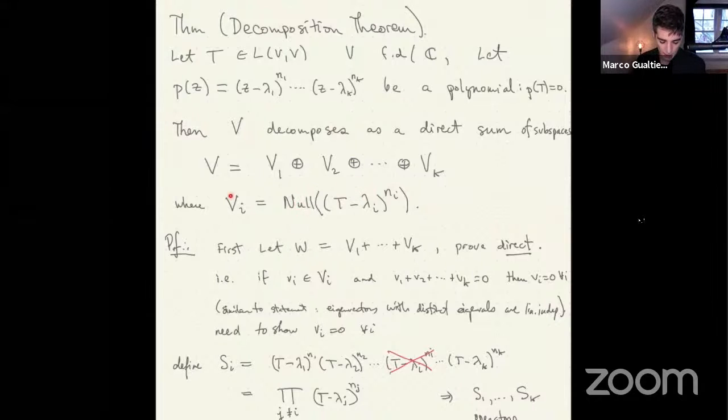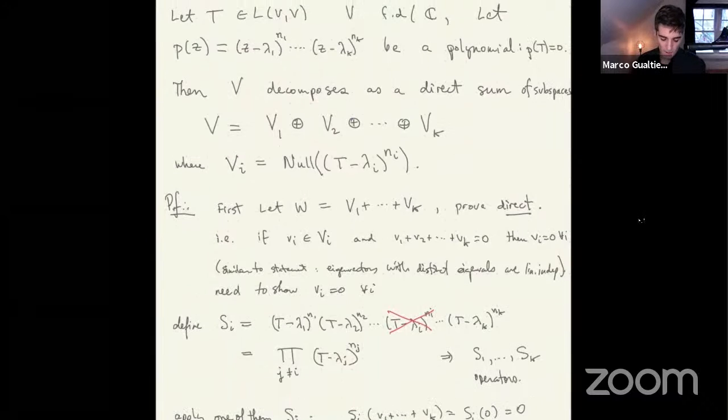We're going to call that V_i, and there's going to be a certain number of these depending on how many eigenvalues there are. So we have these different null spaces, and the decomposition theorem is that V actually decomposes into the null spaces of these pieces of the minimal polynomial.